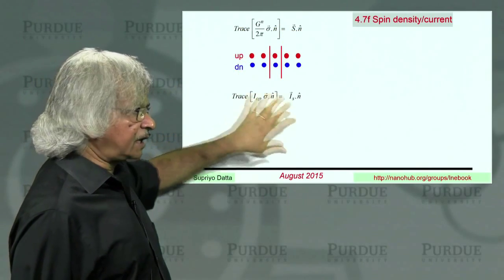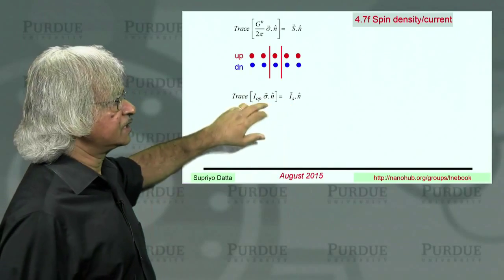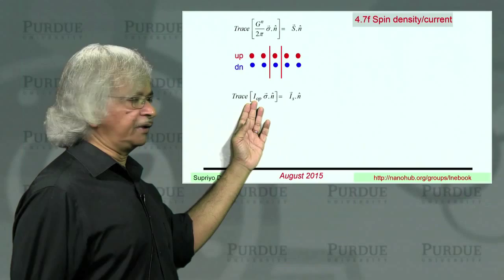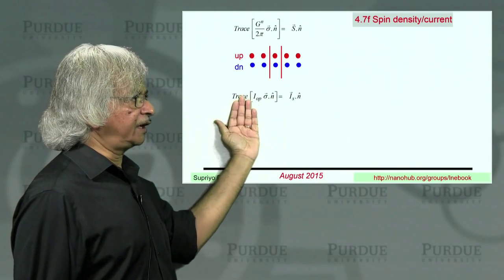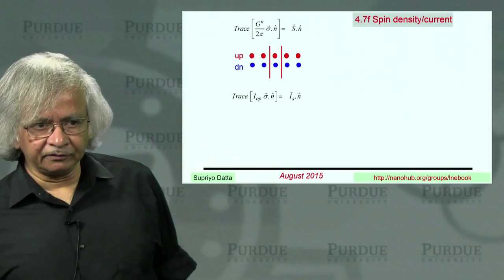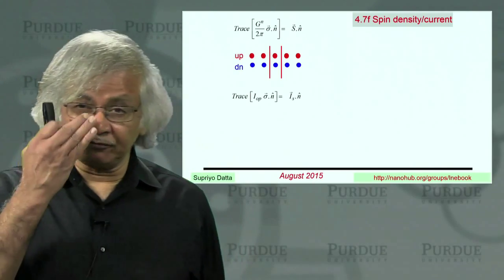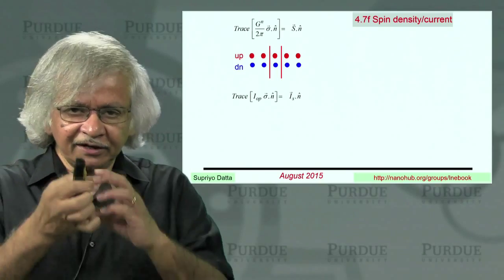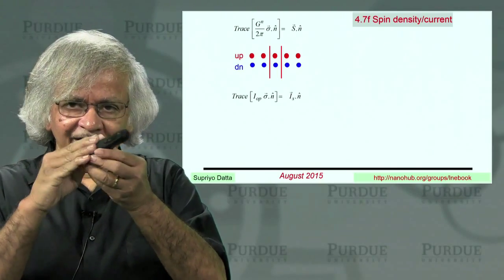And you have the number, and if you want the spin, you do this. Similarly, you could calculate currents if you wanted. That is, earlier we talked about the current operator. If you multiply by sigma dot n, trace it, then you'll get the spin current in a particular direction. And the spin current is a vector. Current is usually a vector because it can have a direction.